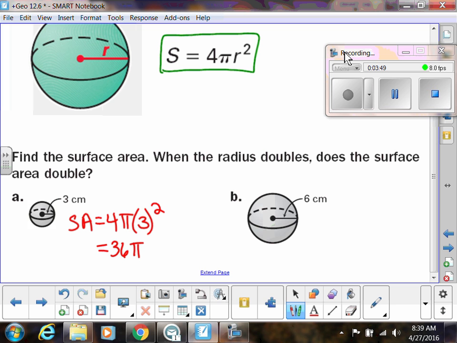Over here, the surface area is 4 pi 6 squared. So this is going to be 36 times 4, which is 144 pi. So is 144 pi double of what 36 pi is? Well, if you do 144 divided by 36, this is actually 4 times as big.